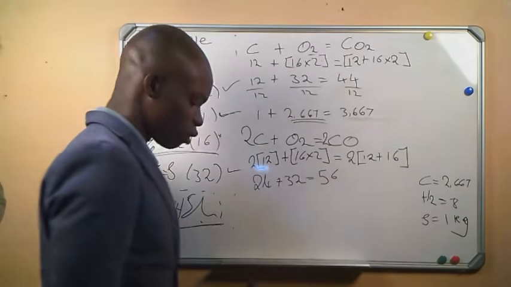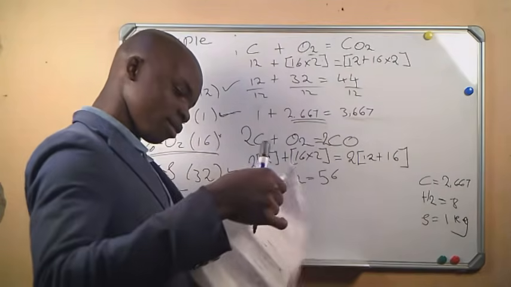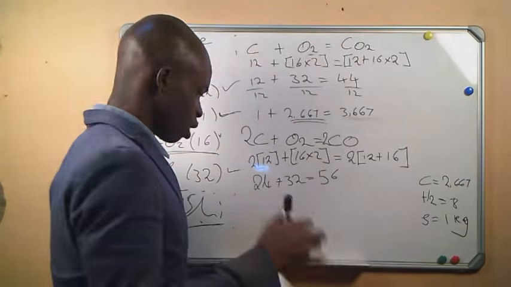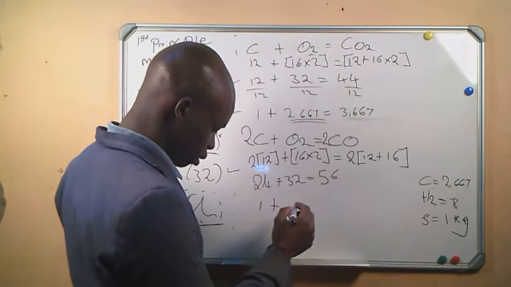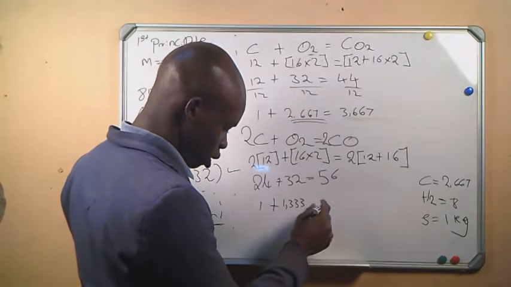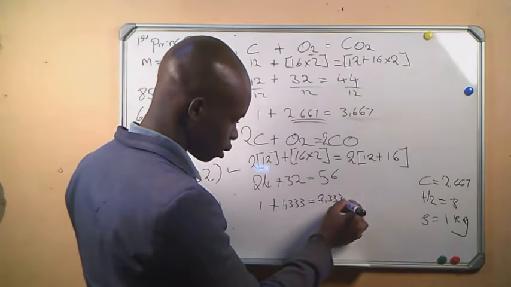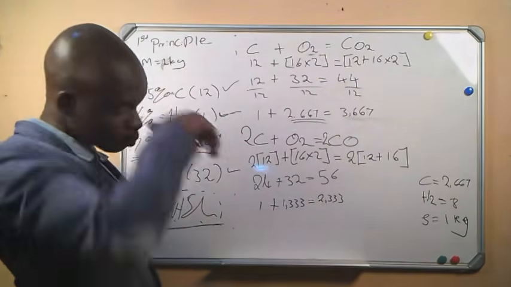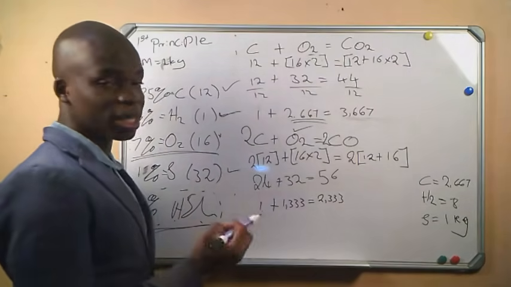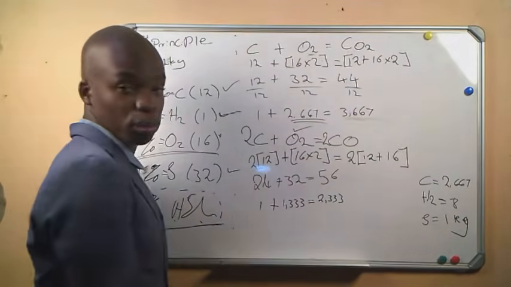And then you divide throughout by 24, and the answers that we are going to get: it's 1 plus 1.333, it's equals to 2.333. So if we do not have a sufficient amount of oxygen, the product that we are going to get at the end is not going to be carbon dioxide, but carbon monoxide.